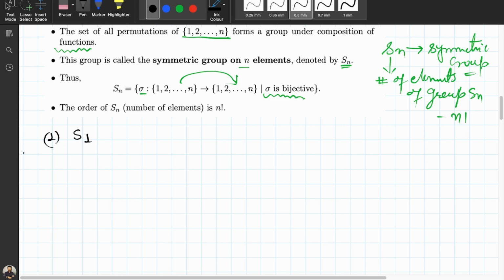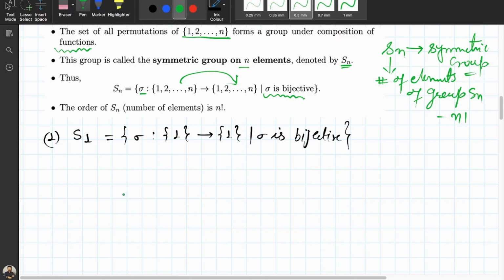Start from S1. What is the definition of S1? Sigma is a mapping from 1 to 1, where sigma is a bijective mapping.